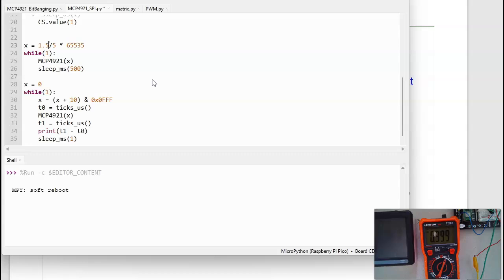Let's try 1.5 over 5. Let's try that again. Three-fifths. Okay, 3 volts. I got something weird going on. So anyway, I can output analog voltages.